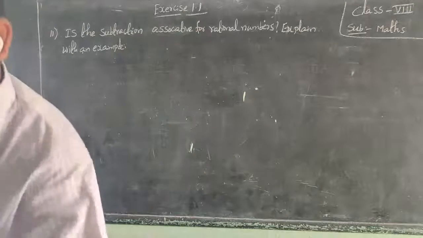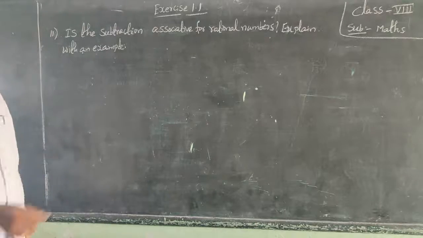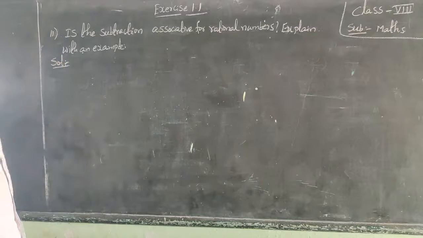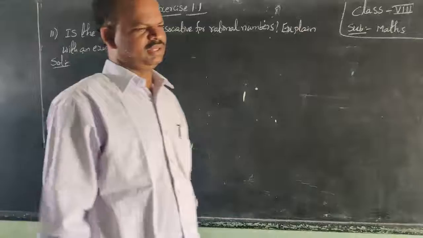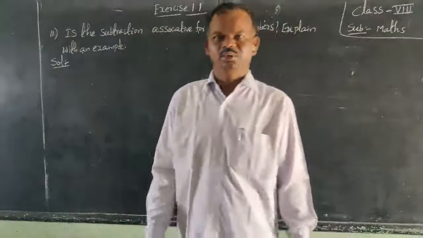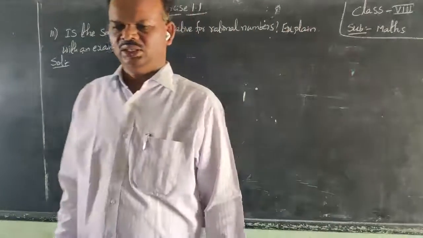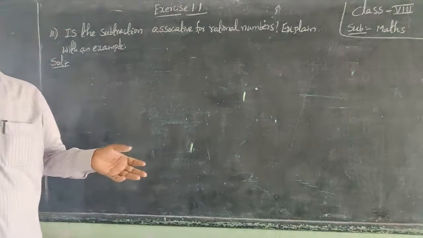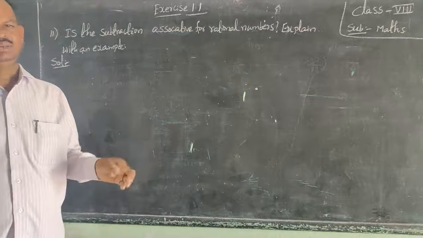Example: associative means we are taking three values, A, B, C. Associative means in addition, A plus B plus C is equal to A plus B plus C.